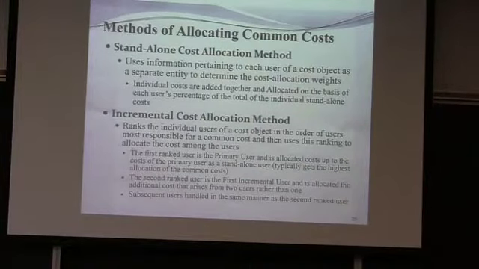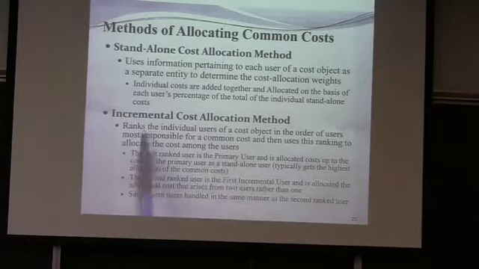So the cost from Toronto to Calgary and back is the relative standalone cost, and the standalone cost from Toronto to Vancouver and back. We're going to take a look at the relative percentage and allocate that relative percentage to the common cost. That's called a standalone model. The other one is the incremental cost allocation method.